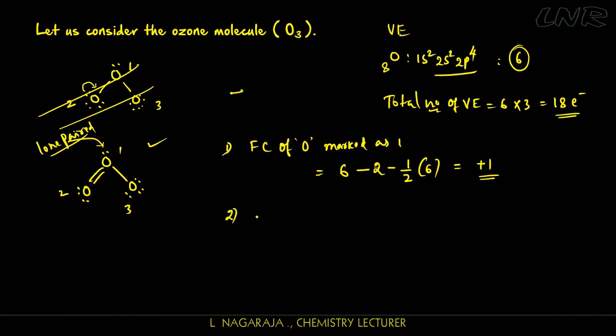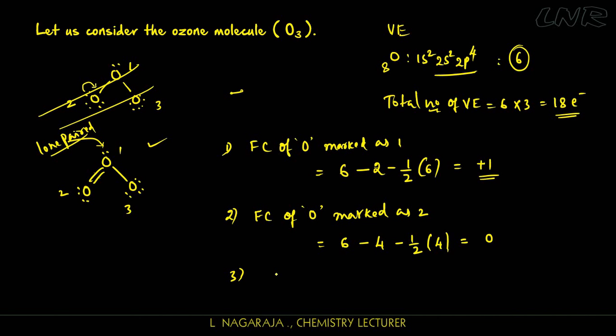Now let us calculate the formal charge of the oxygen marked as 2. That is the number of valence electrons 6 minus the number of lone pair electrons, that is 2 plus 2, 4, minus half of the bond pair electrons. It contains 2 bonds, that is 4 electrons. On simplification it gives 0.